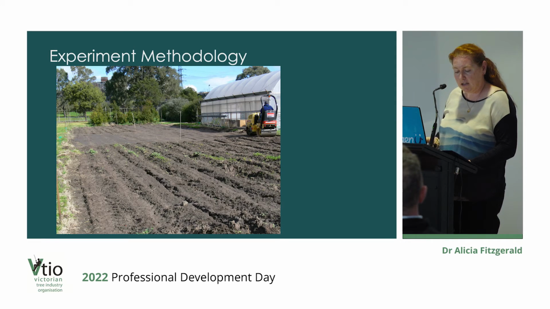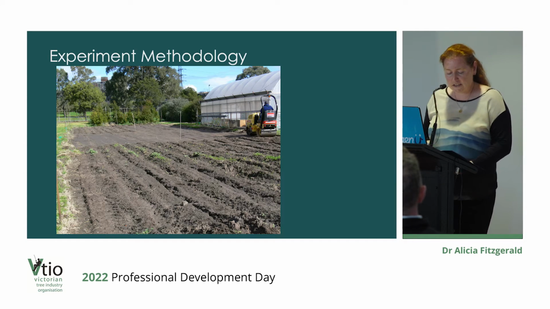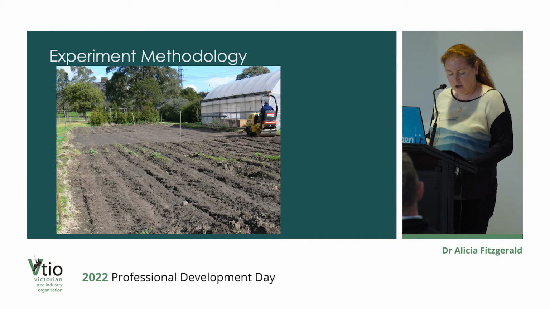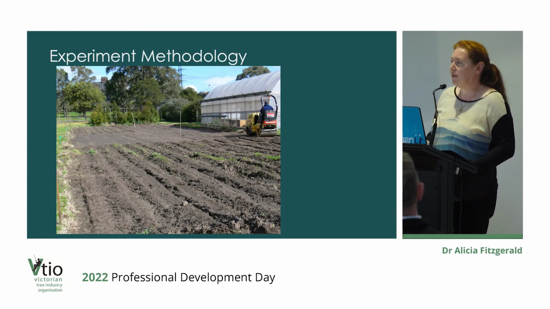And the compaction was done using a vibrating ride-on roller, similar to what they use on roads. The bulk density of the soil was tested for all blocks to determine the level of soil compaction prior to planting, and then mixed particle mulch, so council-type mulch, was then spread over the surface of each block to a depth of 75 millimetres.